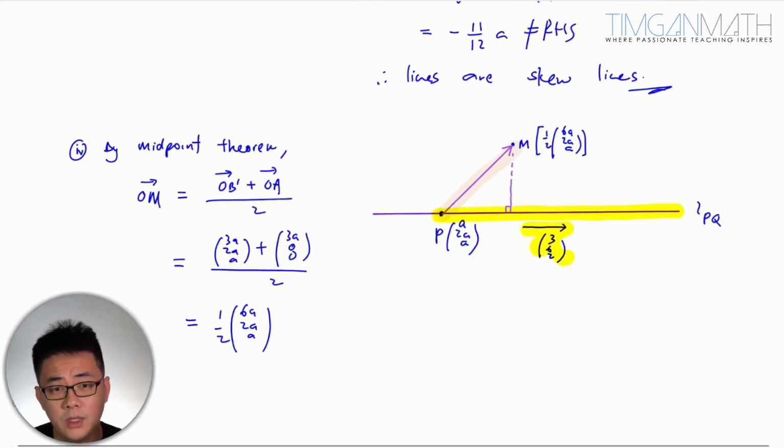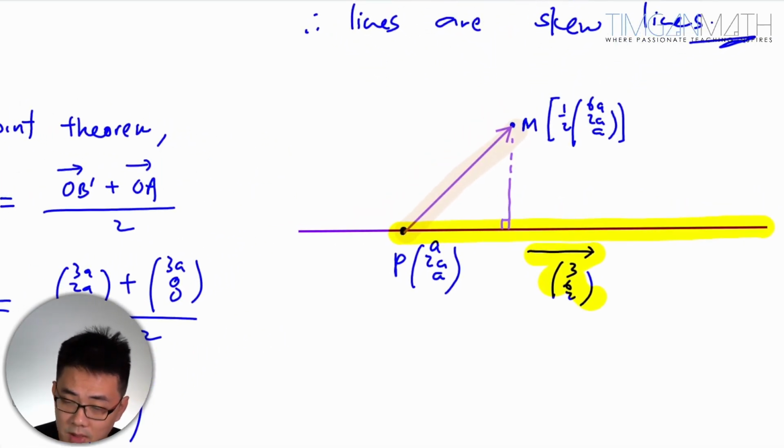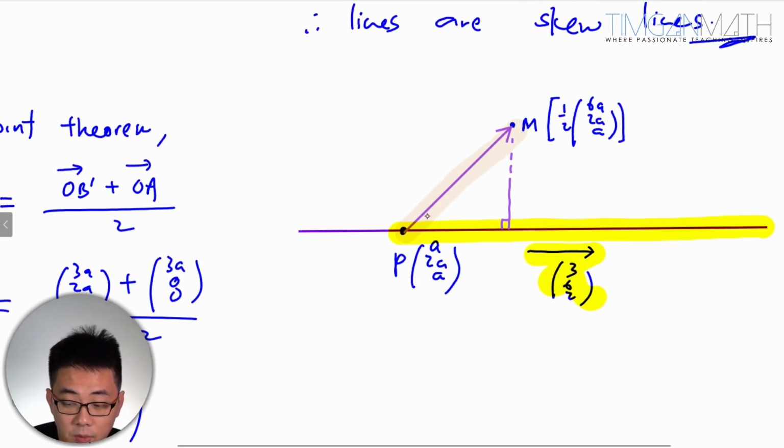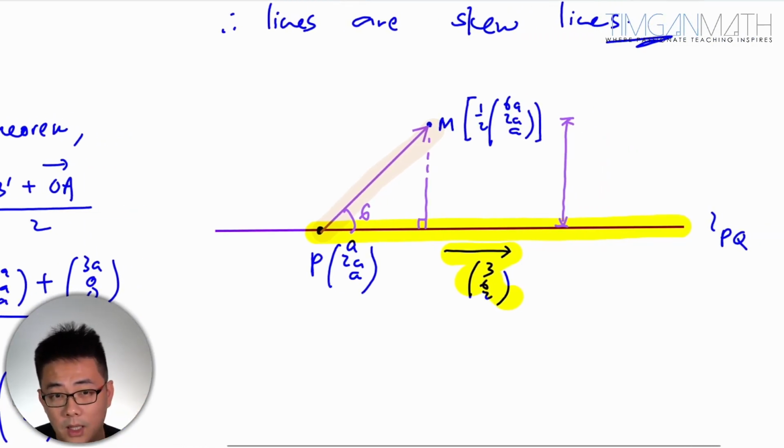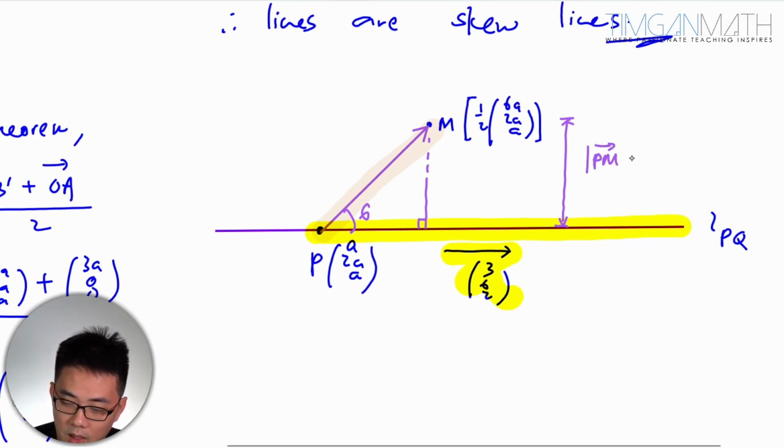So anything to do with distance, use the right-angled triangle. In this case, the angle between these two vectors will be here. Now we don't really care whether it's obtuse or acute in this case, because the distance between them is essentially just a modulus. So we can just use this as PM, cross or dot.